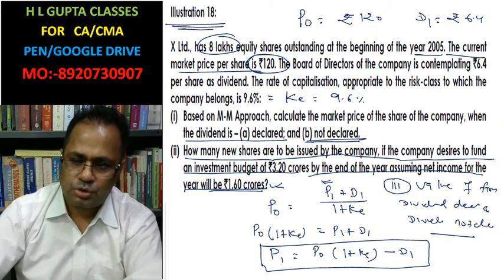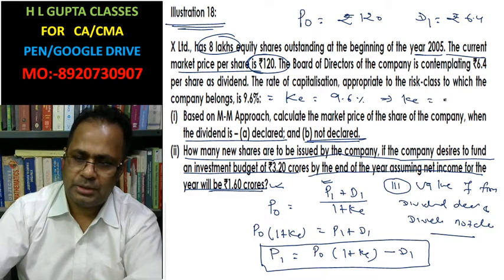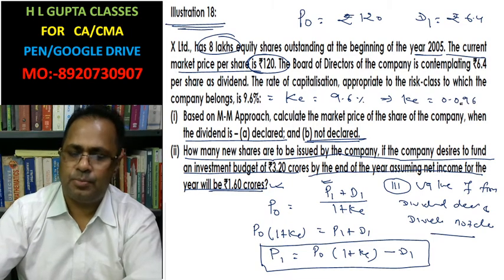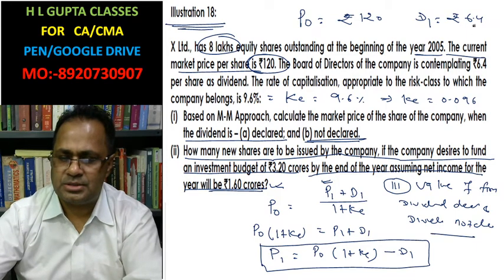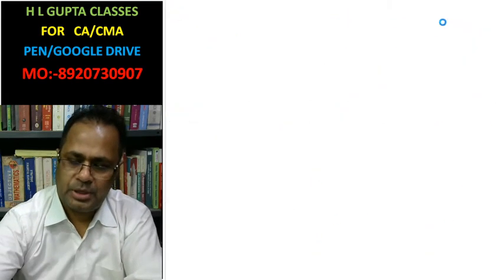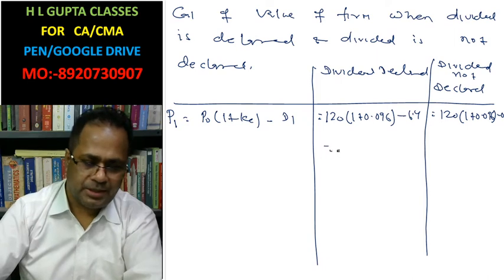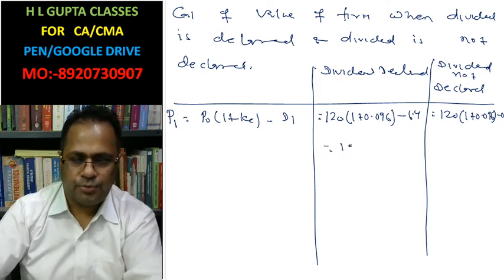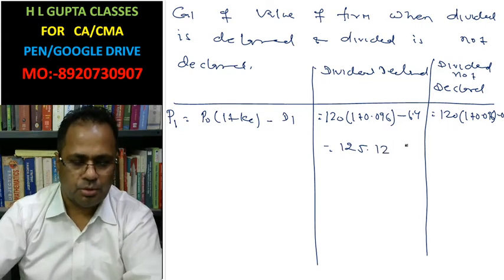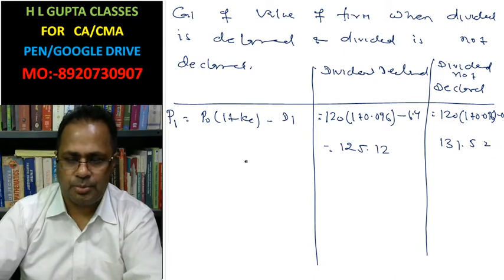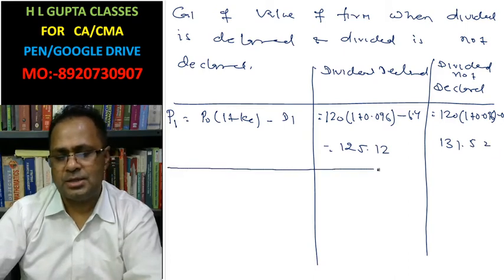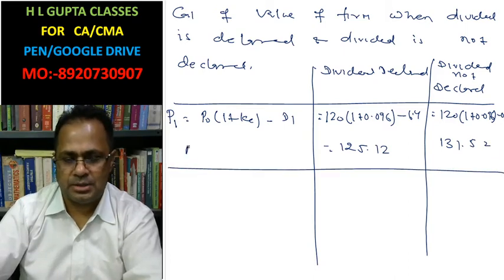The values are 125.12 and 131.52. So this is the answer of the first part.